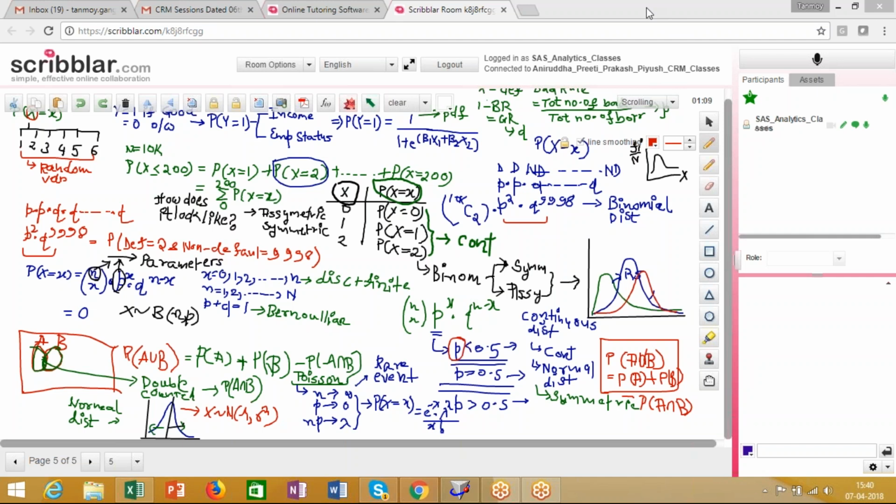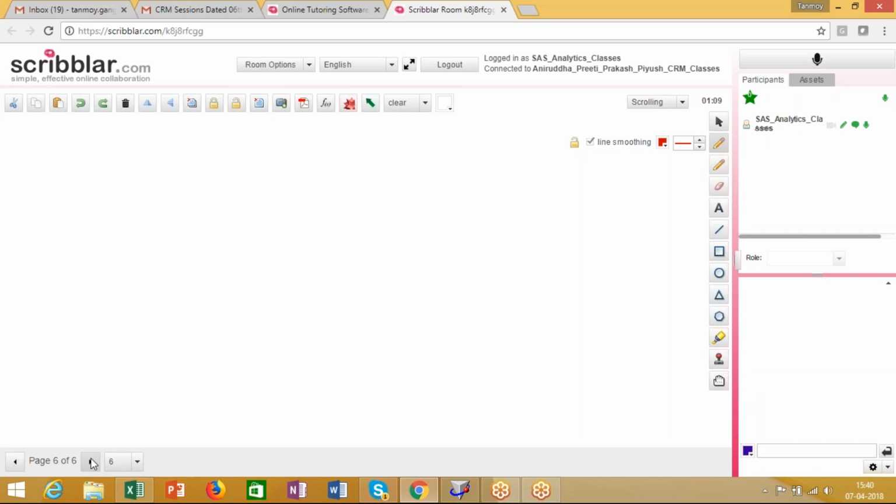So let's see what the normal distribution is all about, how does it look, and so on. Correct, Anirudh, when you say that the normal distribution has a PDF, it is absolutely correct, because normal distribution theoretically is based on the idea that the outcomes are continuous in nature.